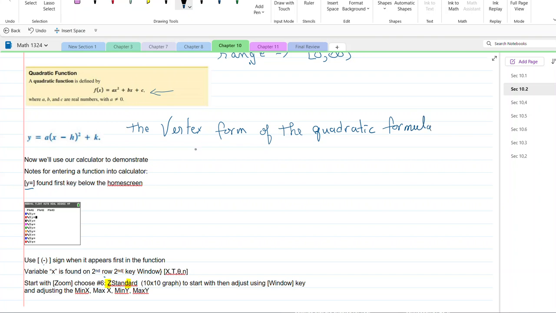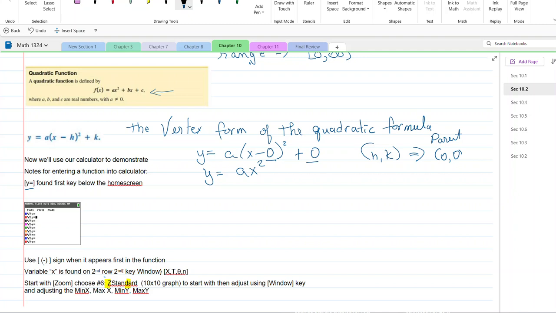So we know that y equals a times x minus 0, squared, plus 0, because this is our h, k, and our vertex for the parent was 0, 0. So if I do it, I have y equals ax squared, and that's all, because it's a 0. So you can see how all of this works out.